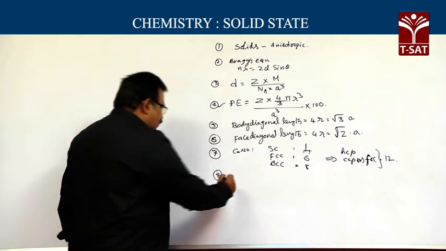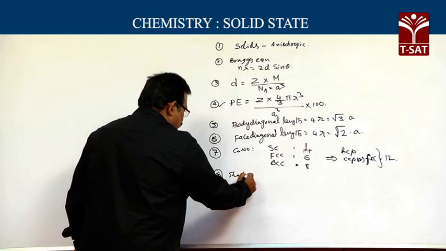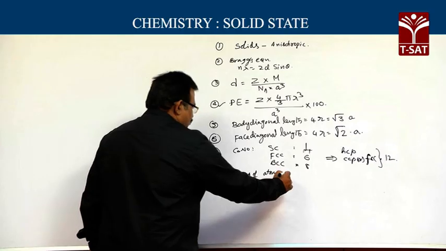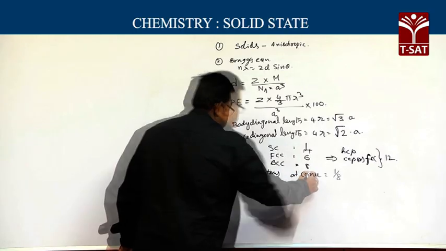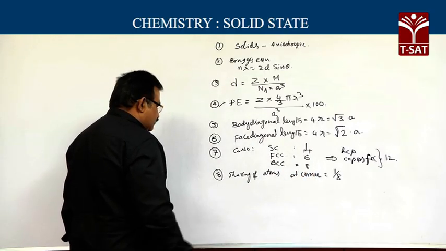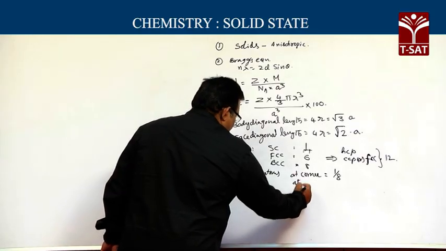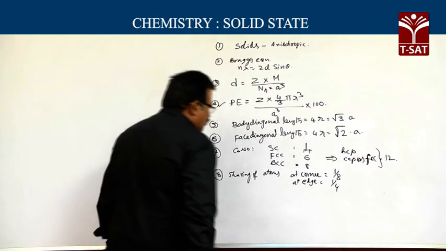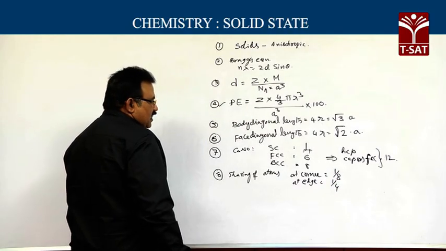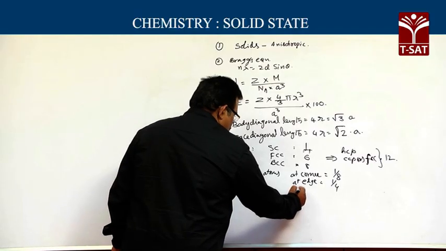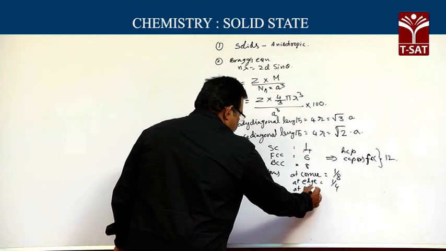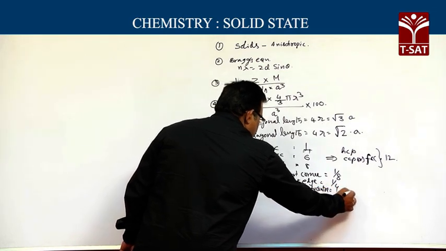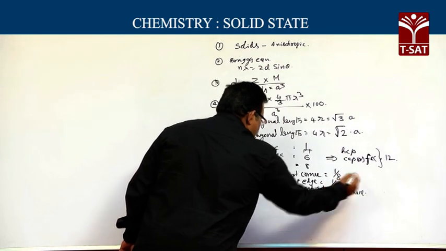The sharing of atoms: at a corner, 8 unit cells share the atom; at an edge, one sphere is shared by 4 unit cells; at the body center, no sharing, that means 1 is equal to 1.